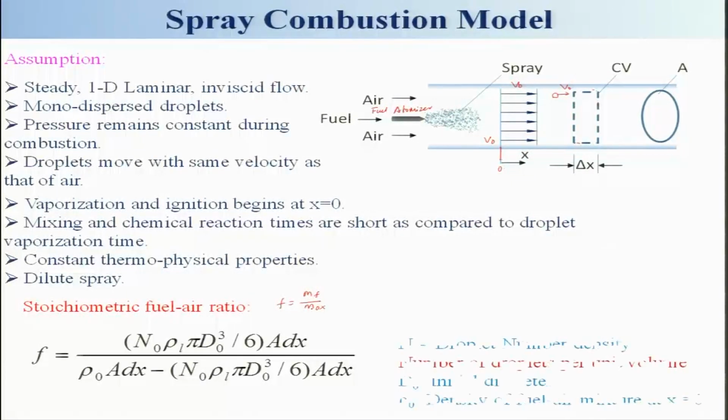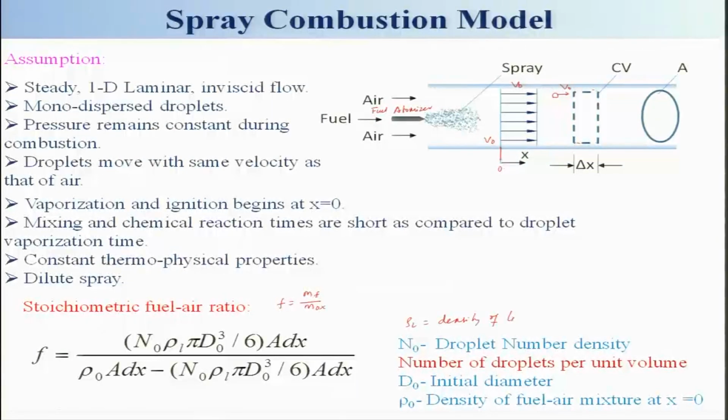By this expression it looks quite complex, but keep in mind it is very simple, because N naught is the droplet number density, that means the number of droplets per unit volume, into rho L, which is the density of liquid fuel, and d naught is the initial diameter of the droplet. I have taken A as the cross sectional area, and delta x as this control volume.